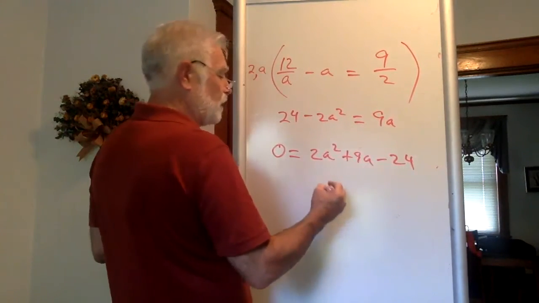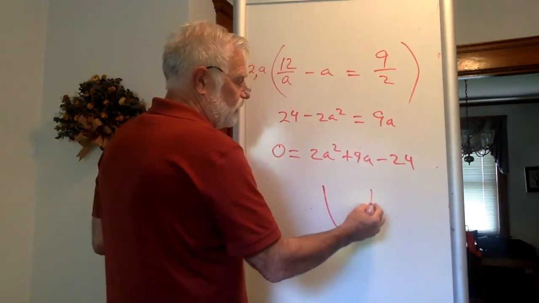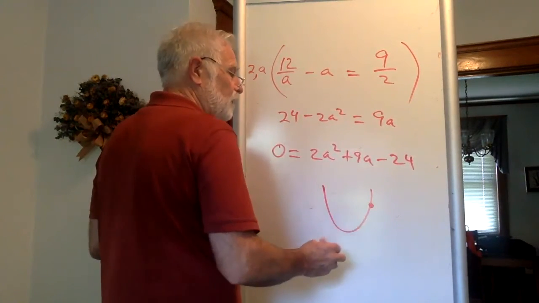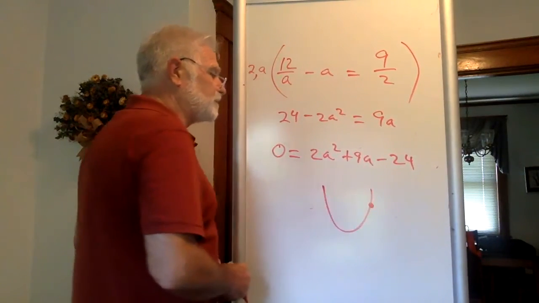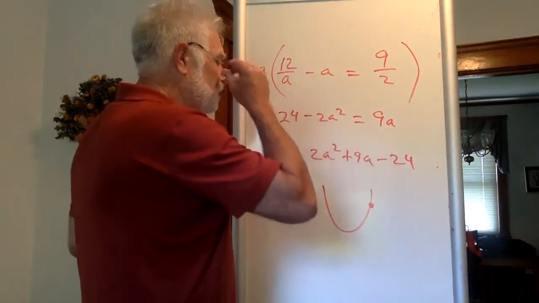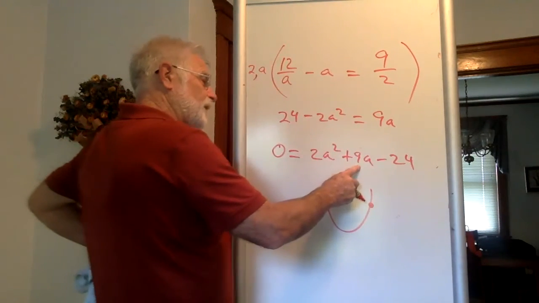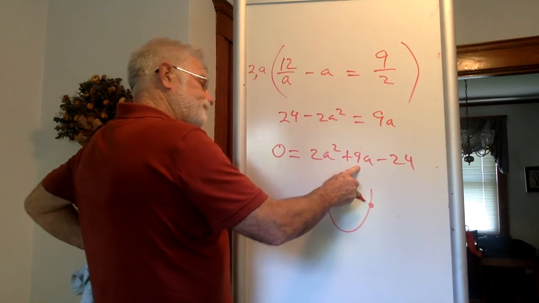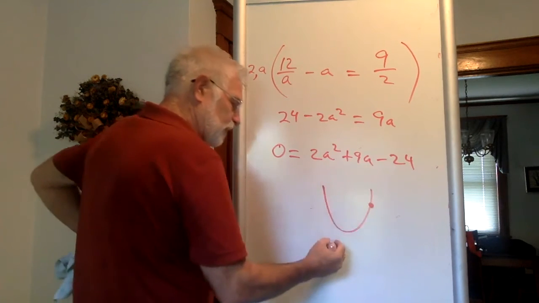We could do the cup shape, with 9a on this side, so minus 24 is on the increasing side. I'm going up at 9 to 1, so I now know that it's fractional. I know that this is going to be a negative number, and it's negative 9/4.